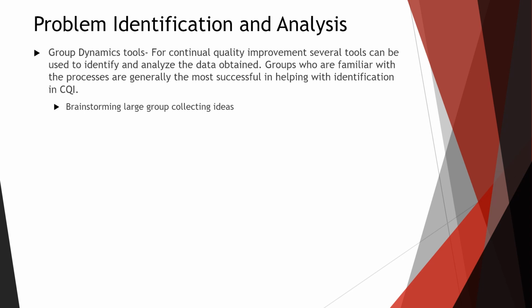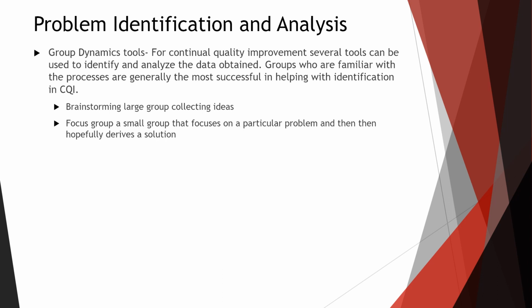So you ask everybody, hey, what do you think of this issue? A focus group, a small group that focuses on a particular problem and then hopefully derives a solution. So if you have a multi-tiered problem, you could do the brainstorming first, you get all the ideas, and then you say, okay, well, y'all few work on this part of it, and y'all a couple other ones work on this idea. So they're working on each particular problem of the bigger issue.